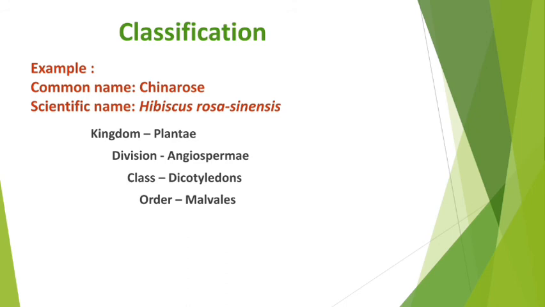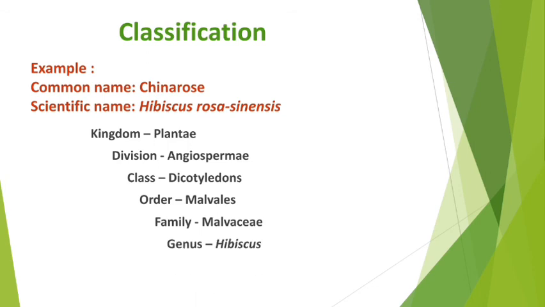Then after order, what will we write? Family. In case of plants, the family name always ends with EAE. Malvaceae, the ending is always EAE. This thing also you underline and write in your copy, that in case of plants, the family name always ends with EAE.